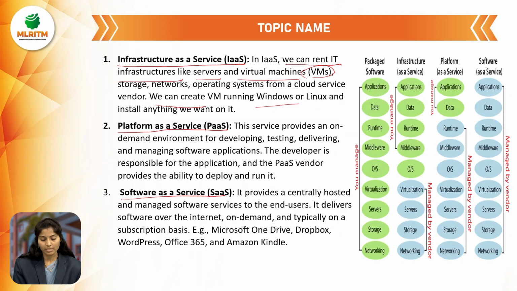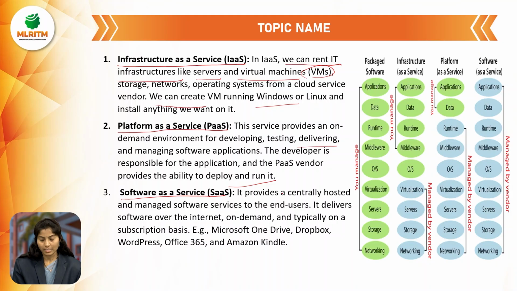Next, platform as a service. This service provides an on-demand internet environment for developing, testing, delivering and managing software applications. The developer is responsible for the applications, and the vendor provides the ability to deploy and run them. Next, software as a service.